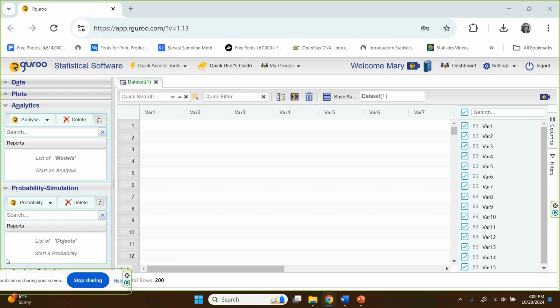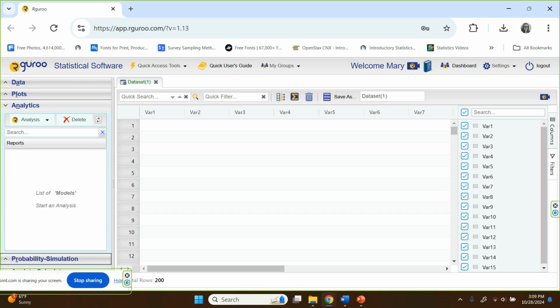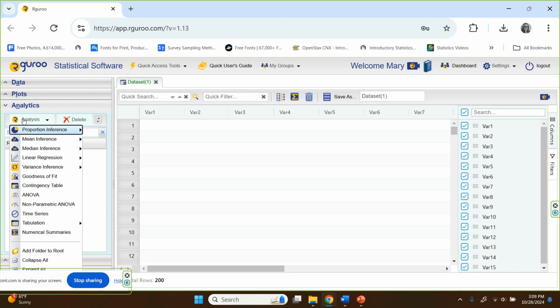All right, so when we get here, we're going to open up the Analytics tab and click on the drop-down menu. We're going to go to Mean Inference, since we're testing a mean, and one population.